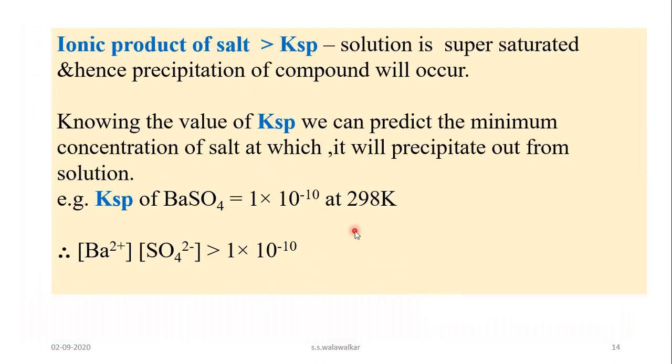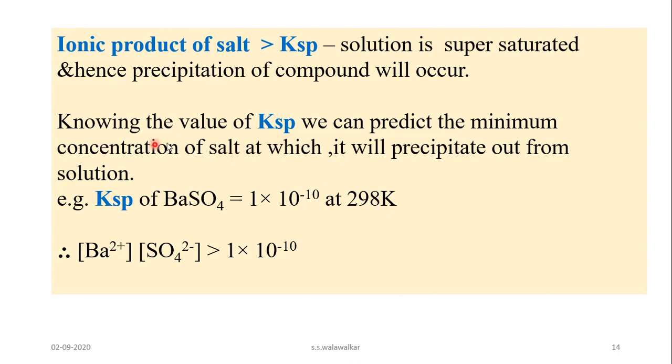For example, if you know the Ksp value, that is the solubility product value, then you can predict the minimum concentration of the salt at which it can precipitate out. For example, the solubility product of barium sulfate is 1 into 10 raised to minus 10 at 298 Kelvin.